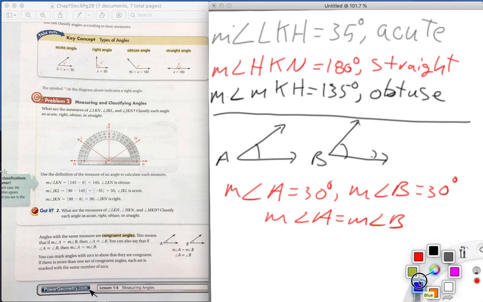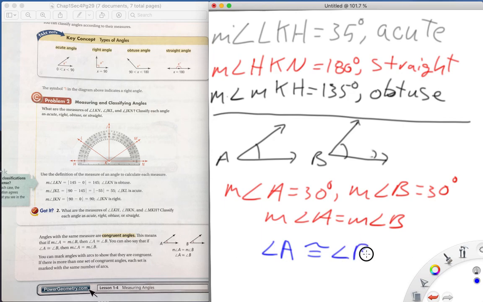If I know that two things are equal, then those two things are congruent. So I can say that angle A is congruent to angle B. I don't have to say the measure. Measurement prescribes a particular number, and since I'm measuring the angles in degrees, I can use equal.